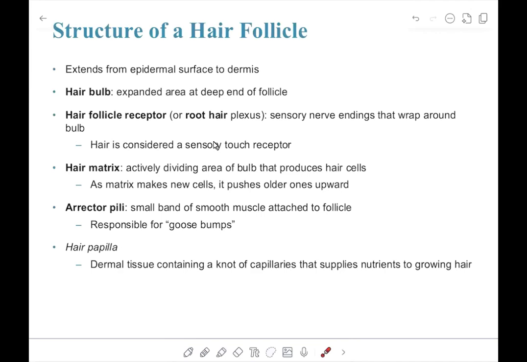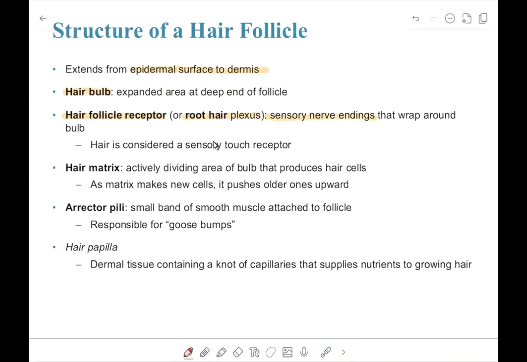So the hair follicle extends from the epidermal surface to the dermal surface. The hair bulb is an expanded area at the deep end of the follicle. And the hair follicle receptor, which is also called the root plexus, is a group of sensory nerve endings that wrap around the bulb.